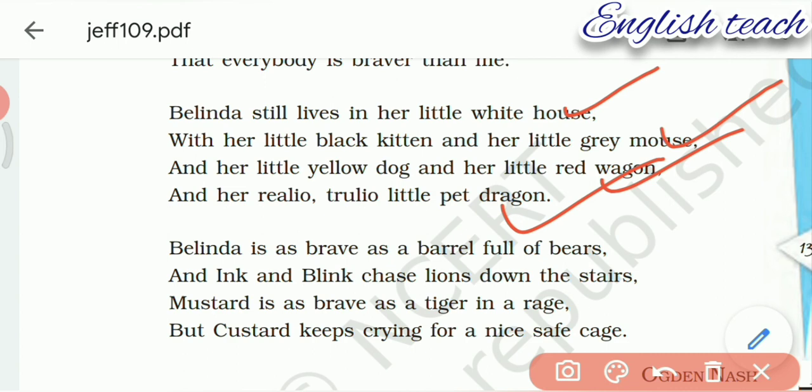The poet says that life started again in the same manner. Belinda still lives in that little white house with Ink, Blink, Mustard and Custard, and all of them are very brave, whereas the dragon is still a coward who always wants to stay safe in his cage.